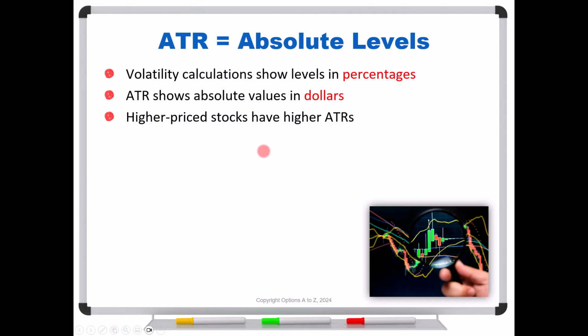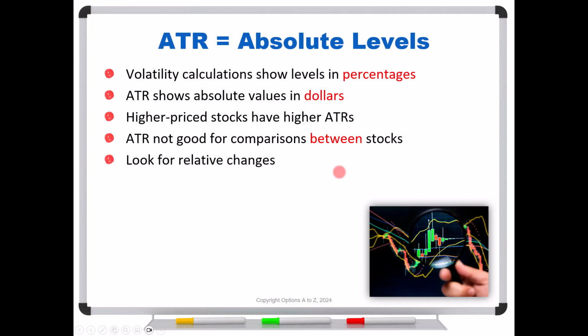So the main thing to remember is that ATR is not good for comparisons between stocks. Again, don't compare Apple to NVIDIA. You can certainly do it with volatility. If Apple has 20% volatility and NVIDIA has 40% volatility, you can absolutely say that NVIDIA is twice as volatile as Apple. But you can't do that with ATR.